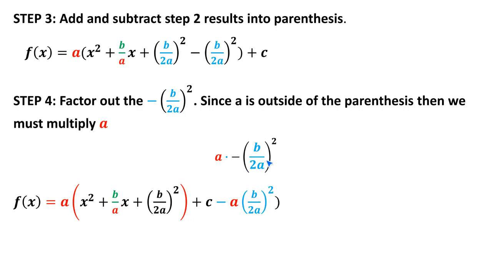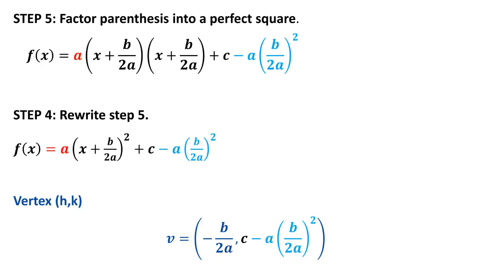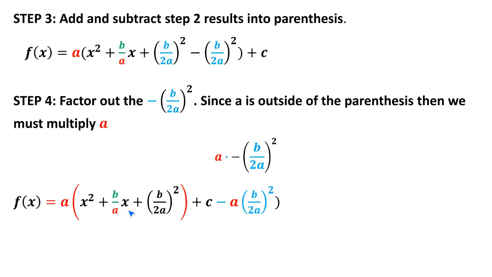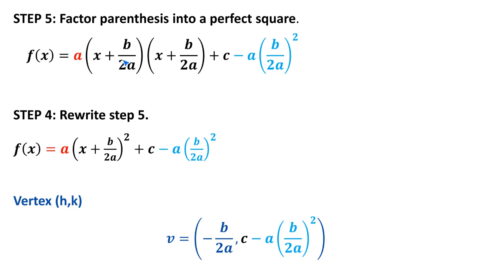That's what I have right here: a times negative, parentheses, b divided by 2a, squared. And so that's going to be factored out. What I have left in the parentheses is what we're going to factor. It becomes a perfect square. So we can factor it into 2 parentheses, and we get x plus b over 2a times x plus b over 2a. And then this is still the constant that we're adding and subtracting together.